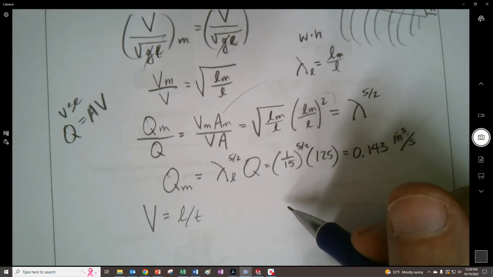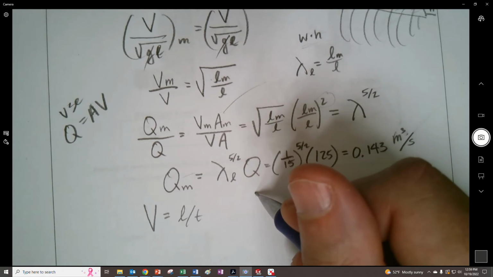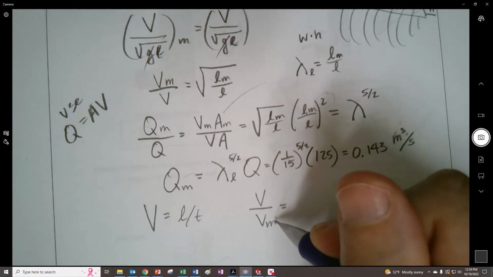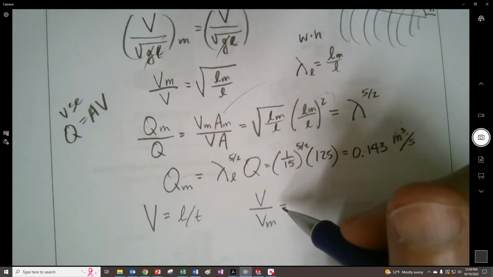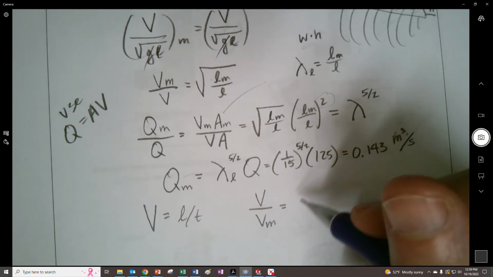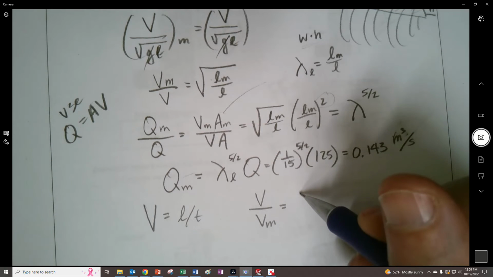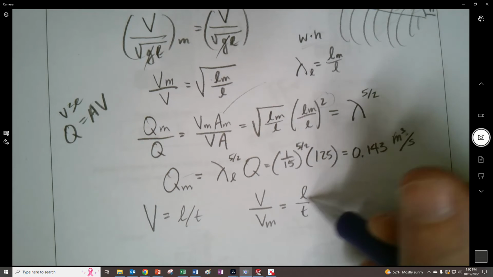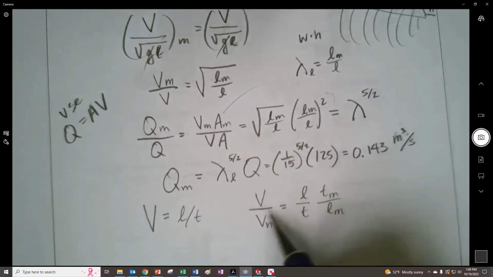So we would say we have the velocity of the real thing divided by the velocity of the model. That's going to be length over time times time over length of the model, because this is the velocity of the model.